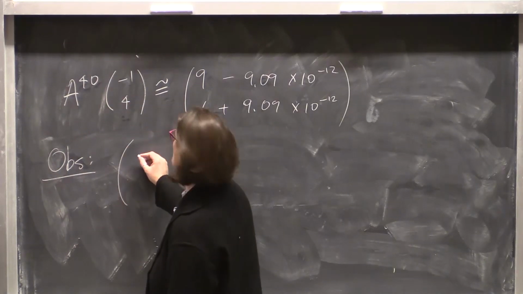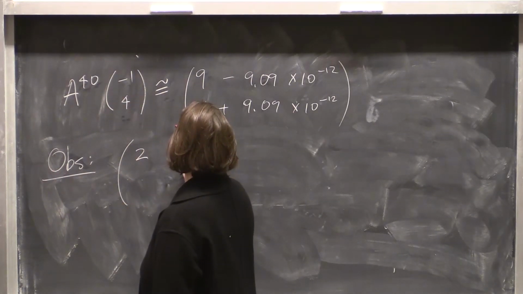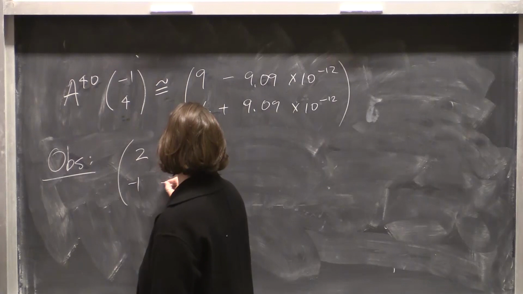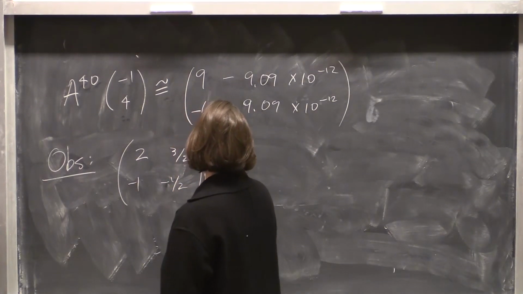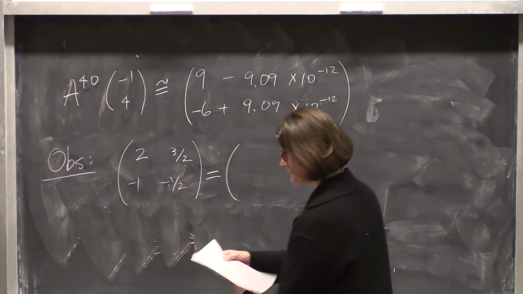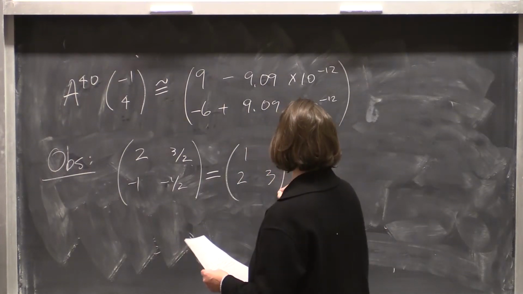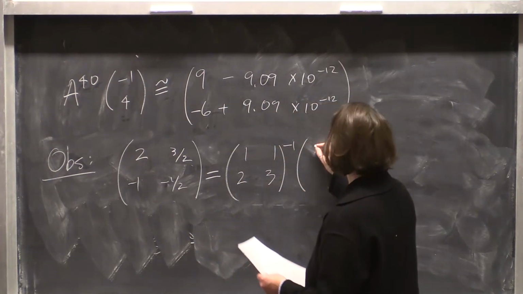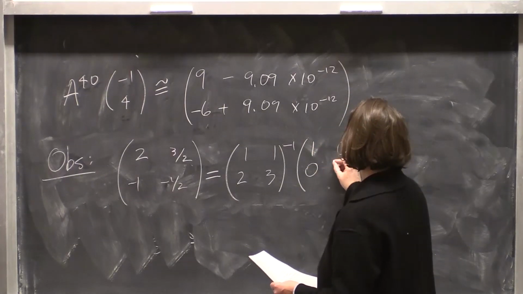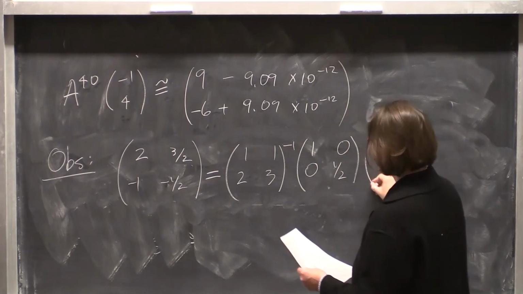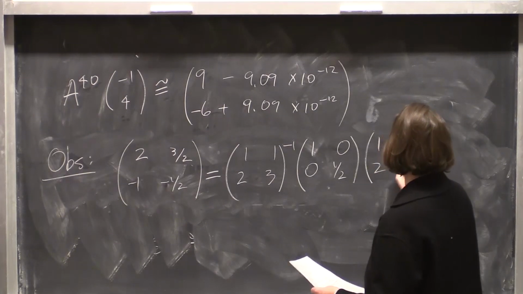The matrix (2, 3/2, -1, -1/2) is equal to the inverse of the matrix (1, 1, 2, 3), times the matrix (1, 0, 0, 1/2), times the matrix (1, 1, 2, 3).